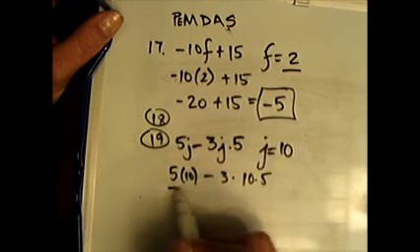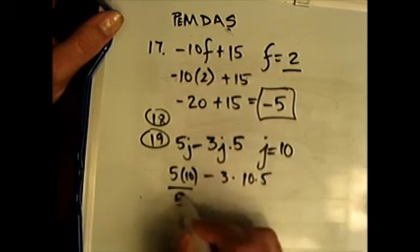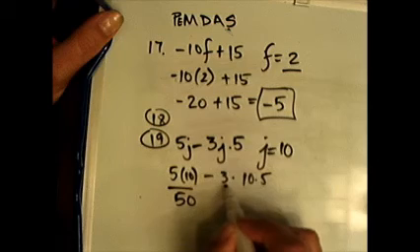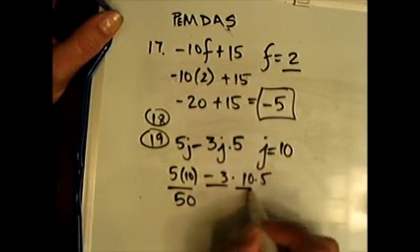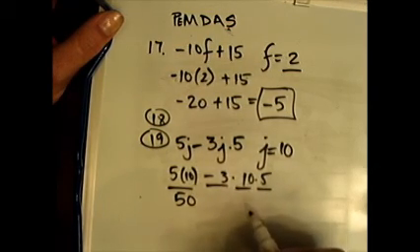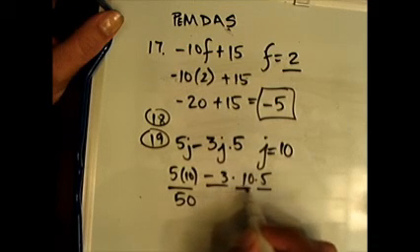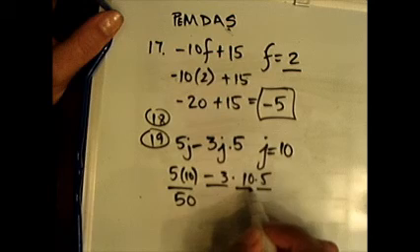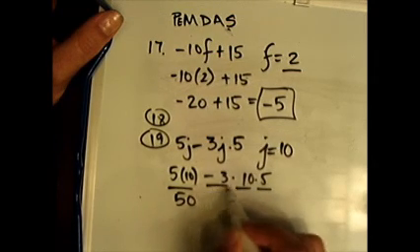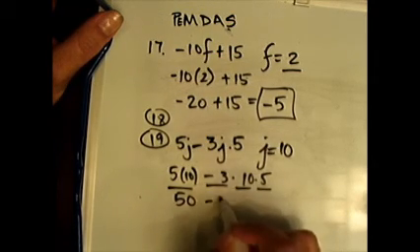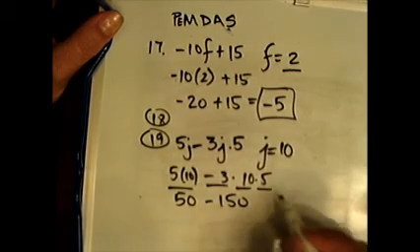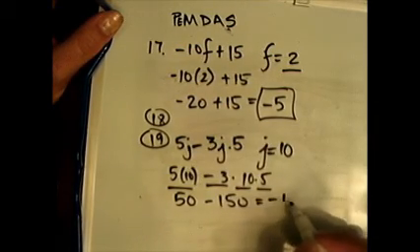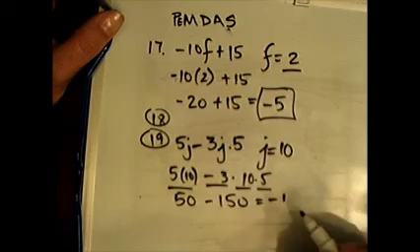Here we go. 5 times 10 is 50. And then this negative goes with this number. So, negative 3 times 10 times 5. We have a negative 50. And you do that, 50 times negative 3, or negative 3 times 50. That would be minus 150. So, your answer would be a negative 100.